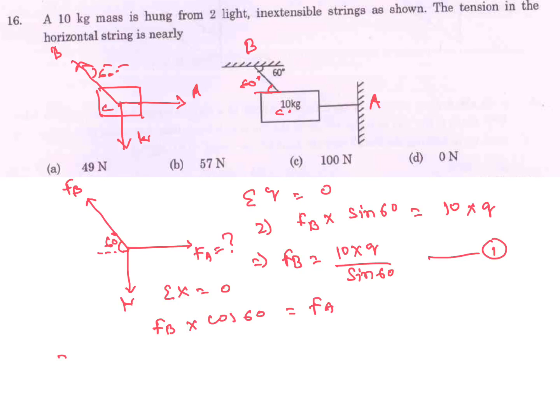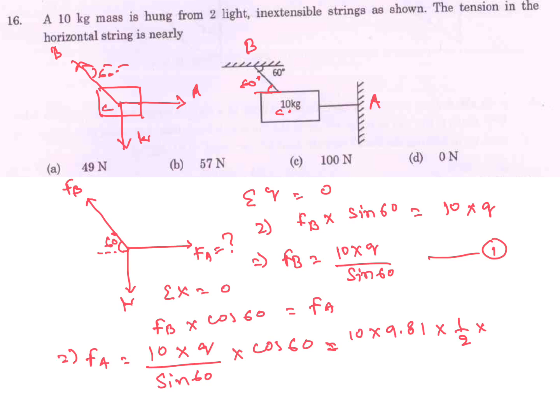We have to calculate FA. So the FB value we already got from equation 1, G by sin 60, into cos 60. So 10 into 9.81 into cos 60, which is 1 by 2, divided by sin 60, which is root 3 by 2.